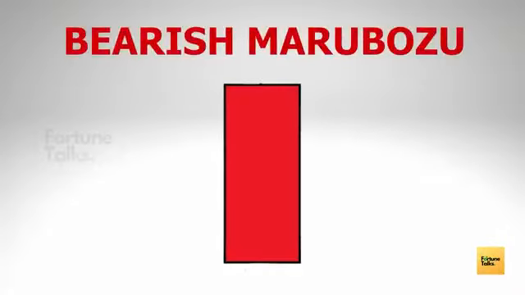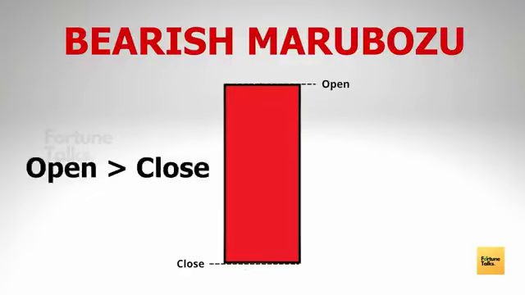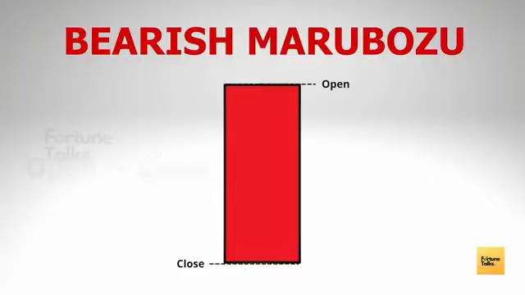Now moving on to bearish Marubozu, which is similar to the bullish Marubozus, but this pattern is the strongest bearish pattern. For a bearish candle, the open prices are higher than the closing prices. This is because the sellers are willing to sell at all the available prices. A bearish Marubozu also indicates that there is so much selling pressure that the participants actually sold at every price point during the day, so much so that the stock closed near the low point of the day.